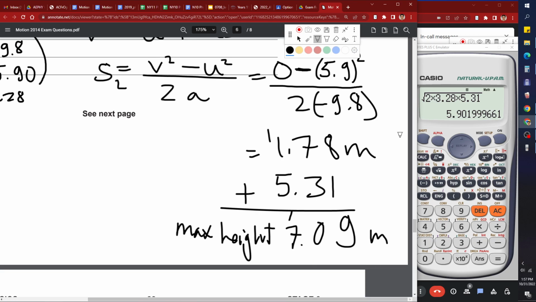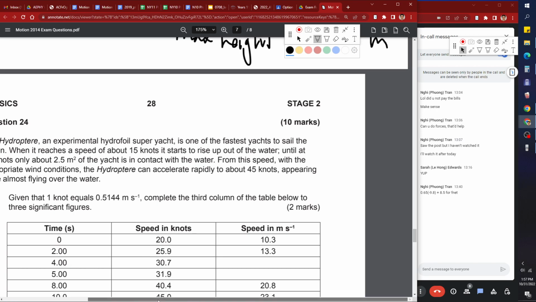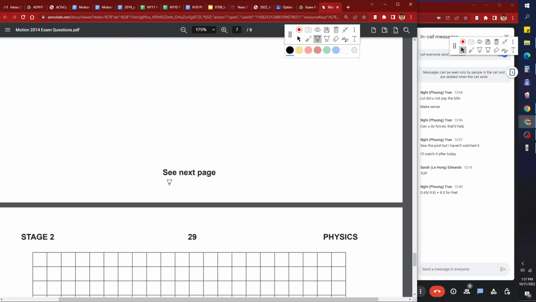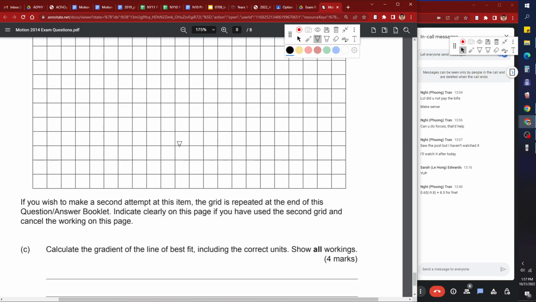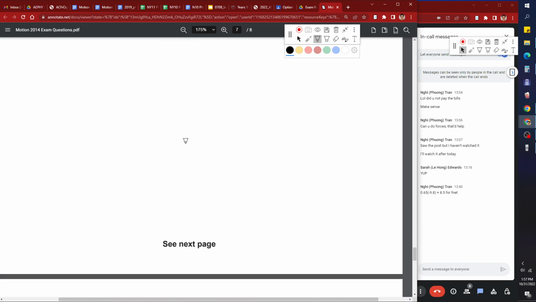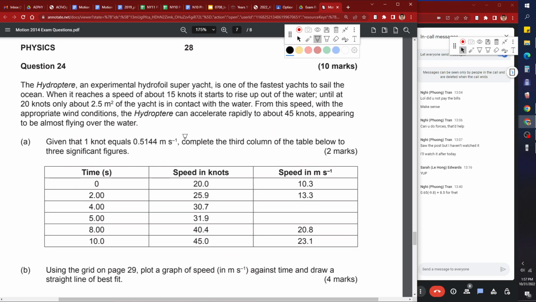All right, so we're just going to take a little break now. We'll come back and we'll do a little graph, so you can grab yourself some graph paper from one of your notebooks, because we'll make a graph. You should practice making a graph. It's almost always a graph, and we're going to do number 24.